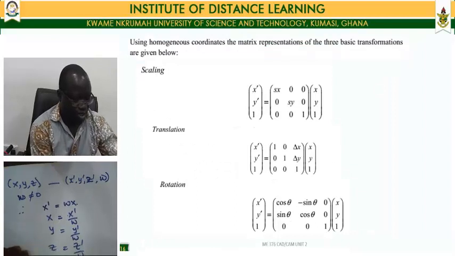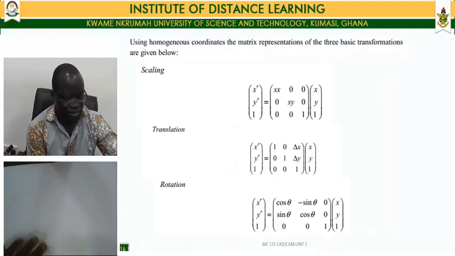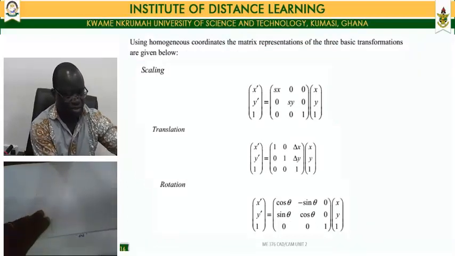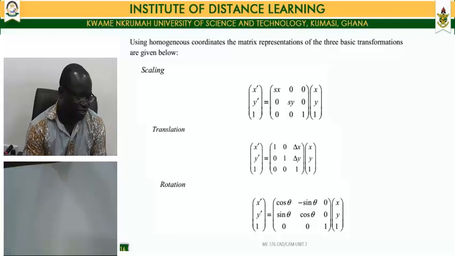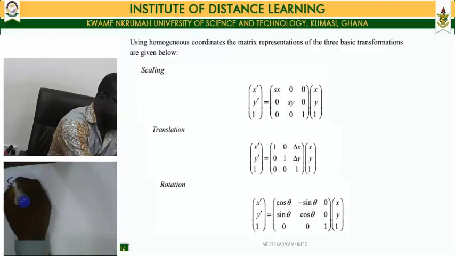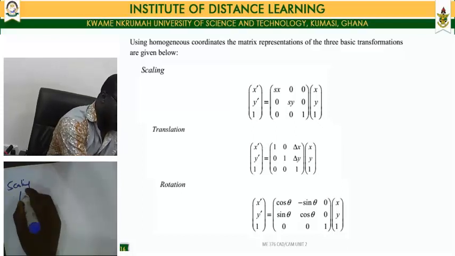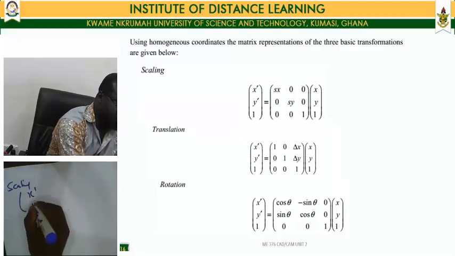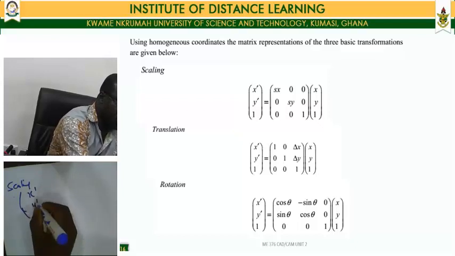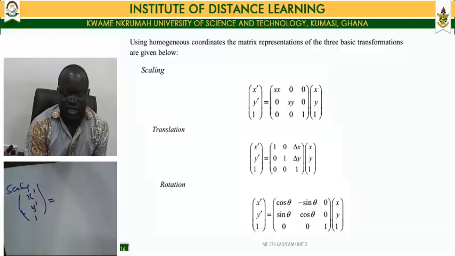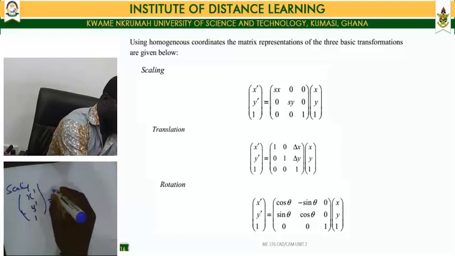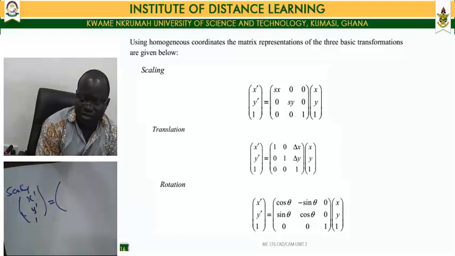So, in a computer representation, if we want to generate a new position after scaling, the computer introduces a 3x3 matrix.